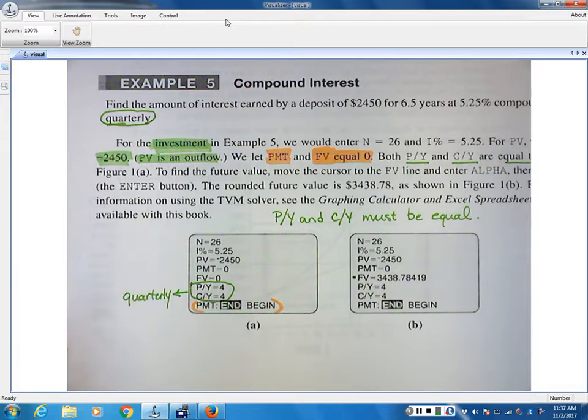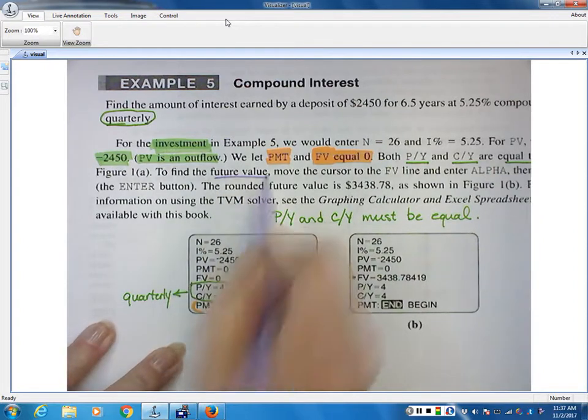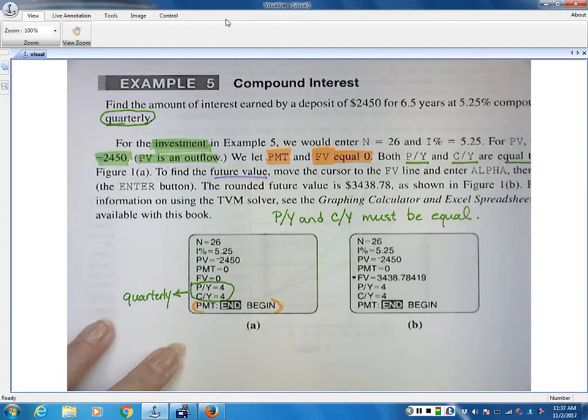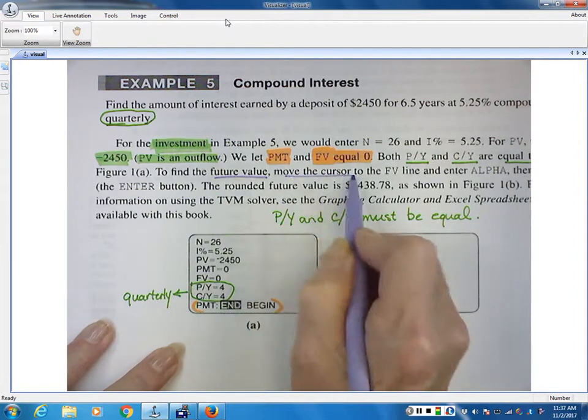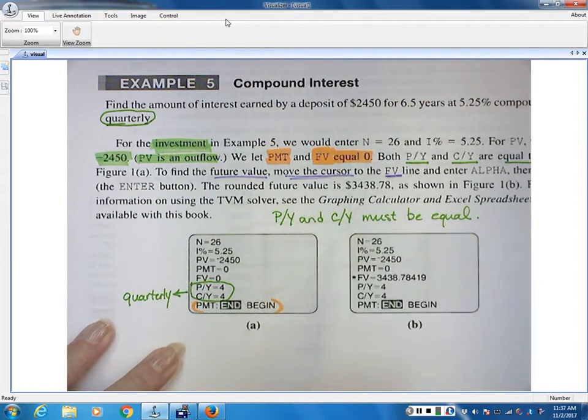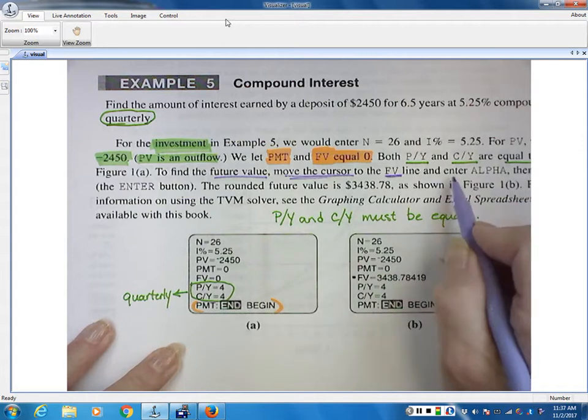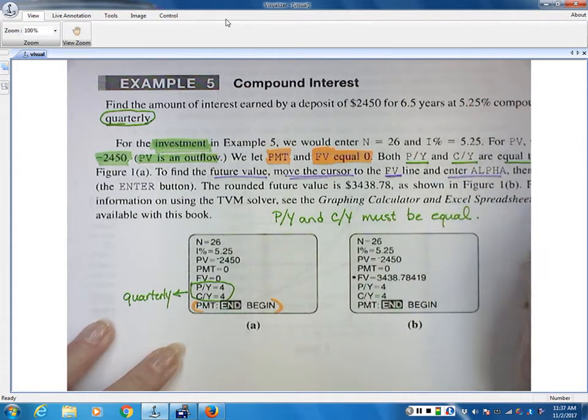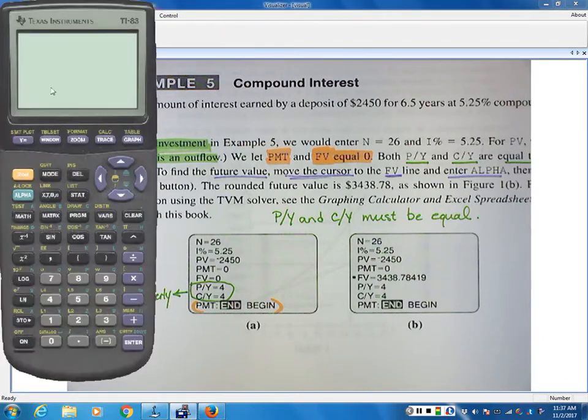Now once we get everything filled in, when you want to find one of those values, in this case the future value, you're going to have to put your cursor on the future value. And then you're going to enter alpha and solve. Alpha and solve is on your, let's see if it's the 83.